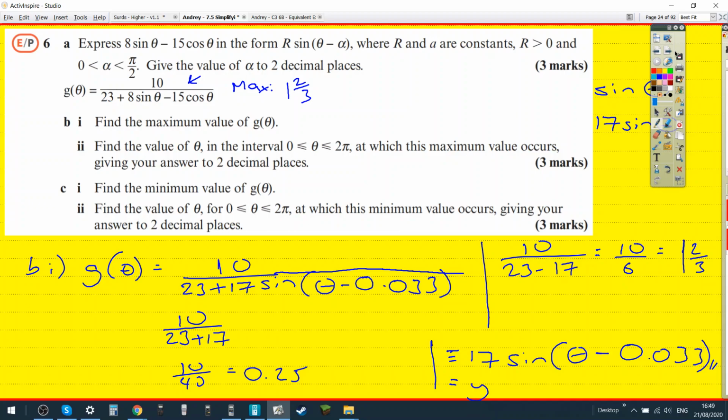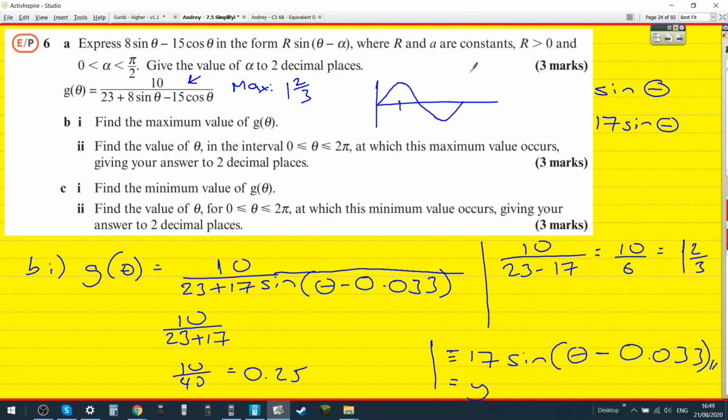When do you usually get the maximum for sine? Every 360 degrees, because it repeats every 360. Where do you get the first one? 90. What is that in radians?